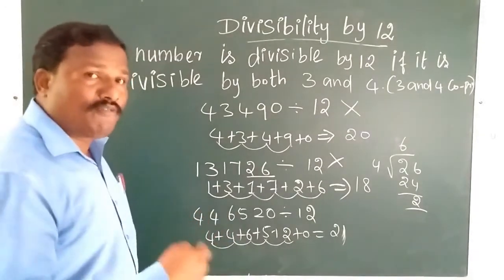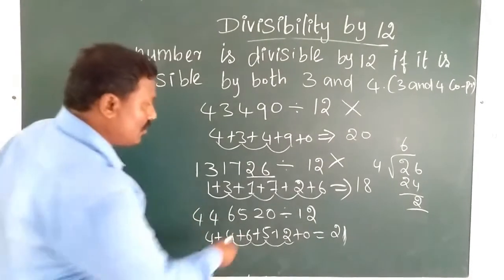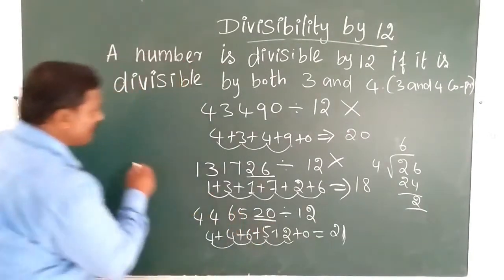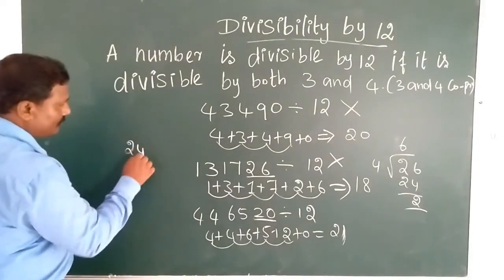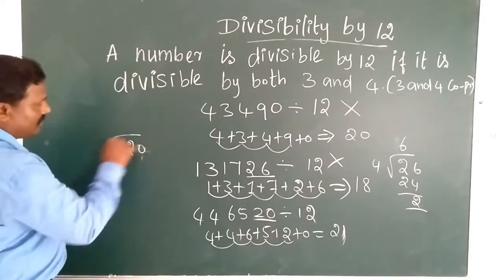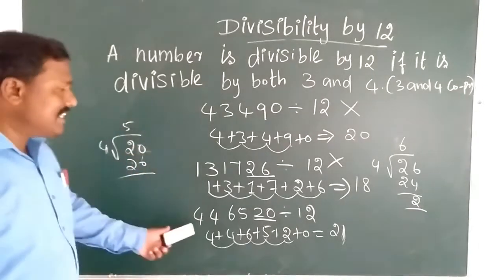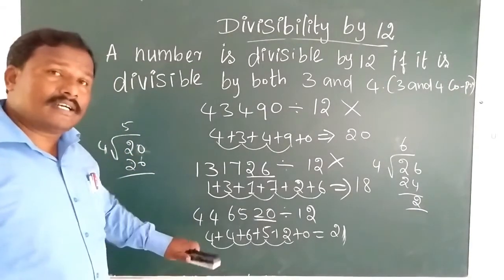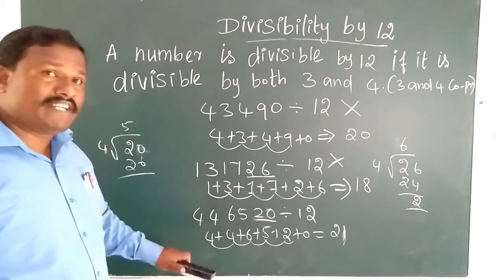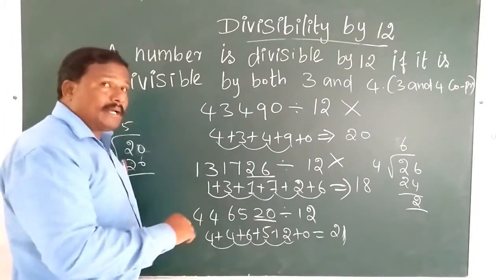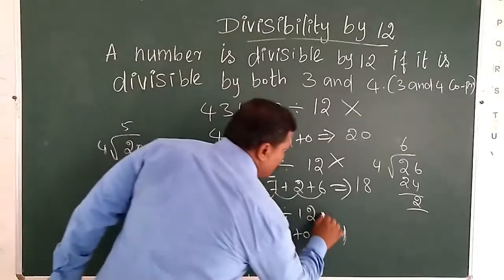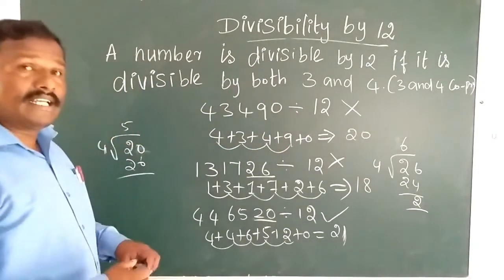But we want to check whether it is divisible by 4 or not. The last two digits are 20, no? So 4 5s are 20. So in this number, both 3 and 4 divide, so that's why the number is divisible by 12 also. So see, listen carefully.